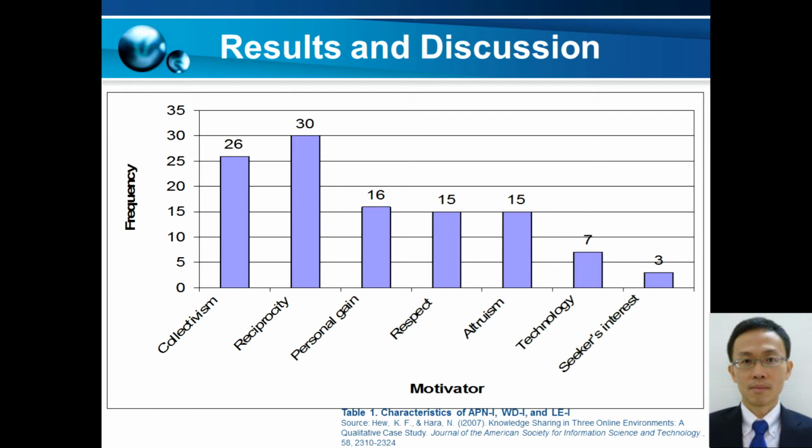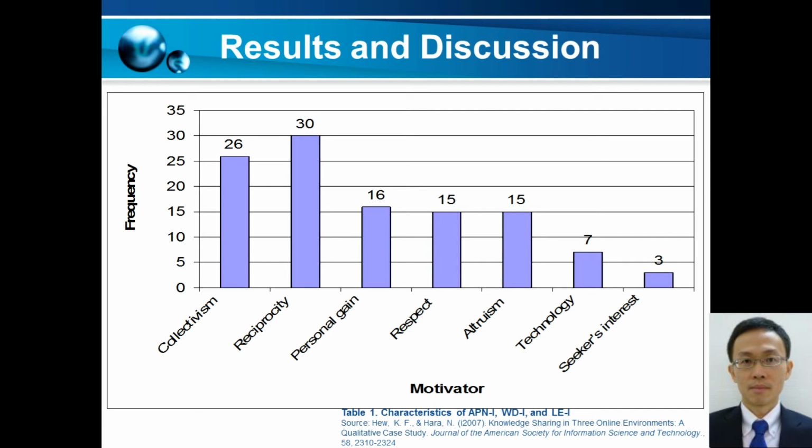Reciprocity means mutual obligation. For example, I help you because you have helped me in the past. Many community members shared the knowledge because they felt they ought to do something back for the community because somebody else has helped them before.